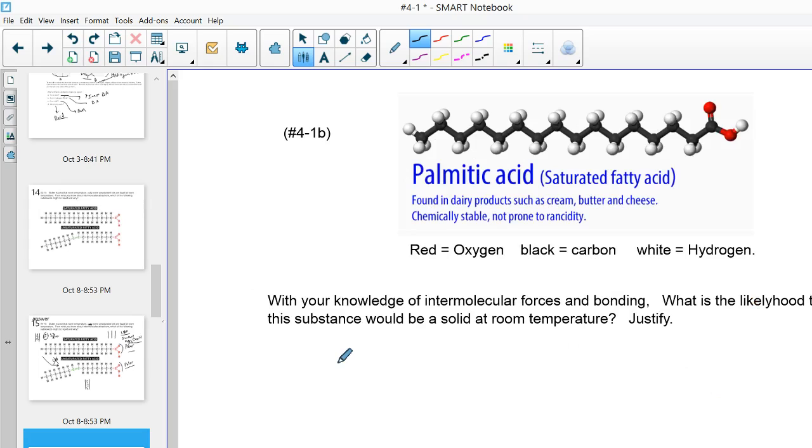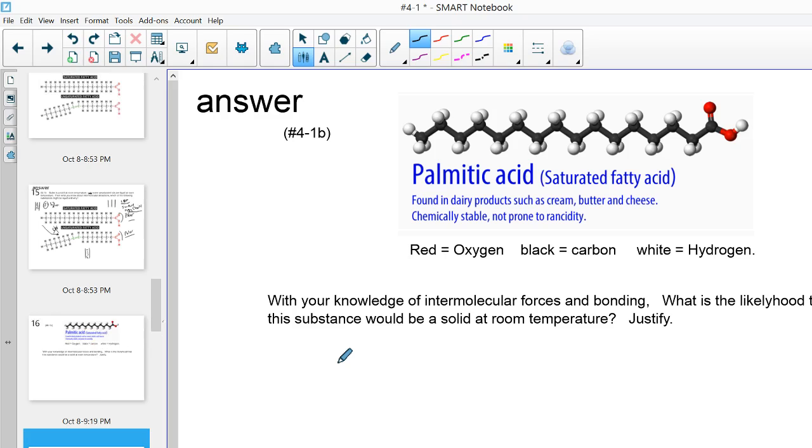Alright, palmitic acid, another question. Keep in mind, I got a few things here. Read the question. This is another example, pretty much a carbon copy of the last question.